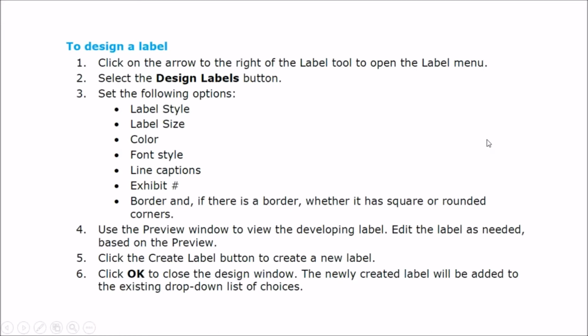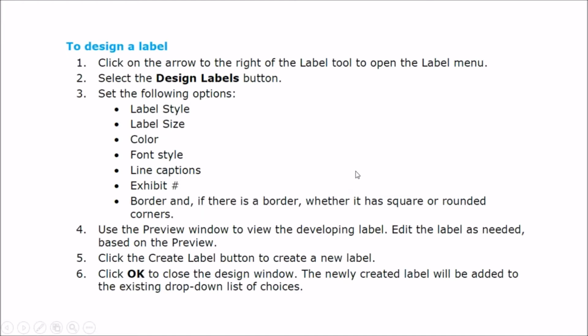To design a label, you're going to click on the arrow to the right of the label tool to open the label menu, and then select the design label option you saw earlier, and then set the following options that you're given: label style, size, color, font size, style, line captions, the exhibit number, the border, and if there's a border, whether it has square or rounded corners.